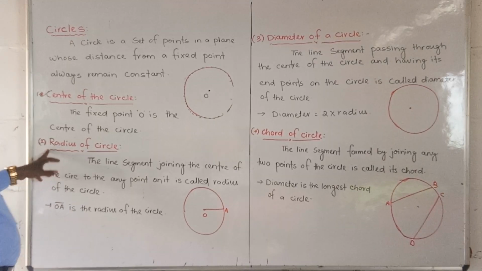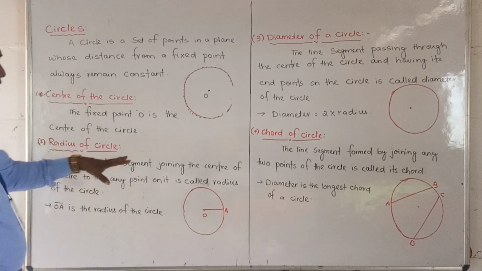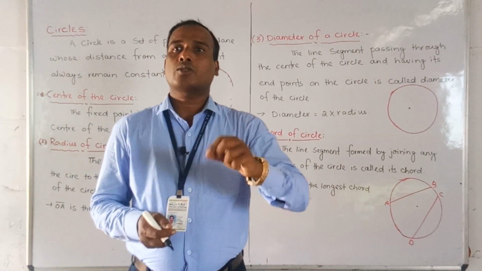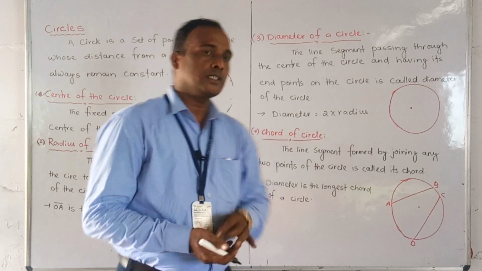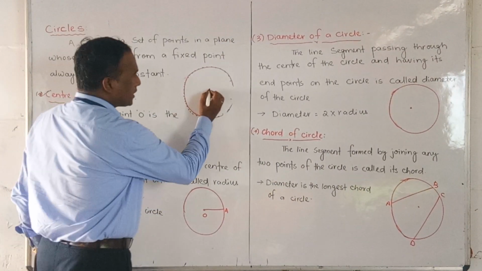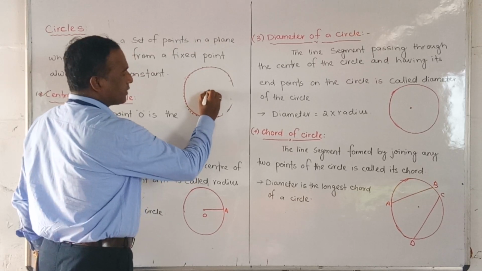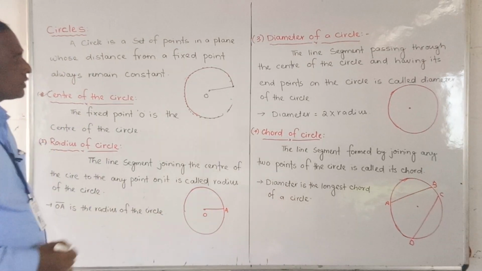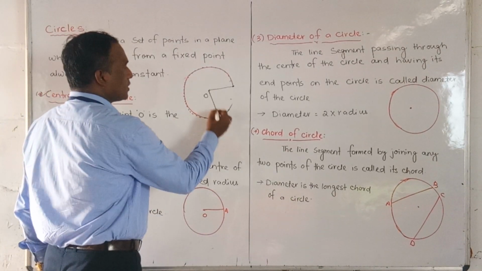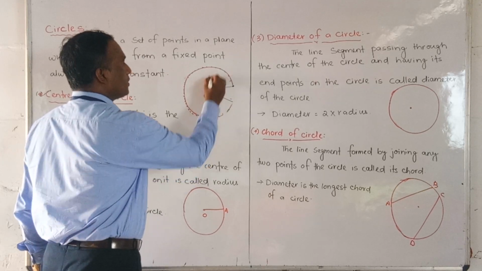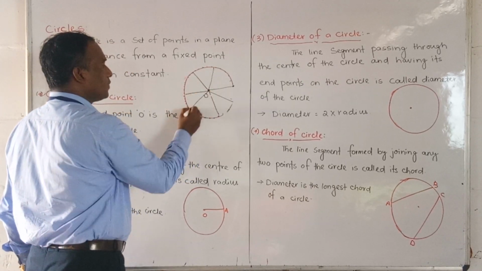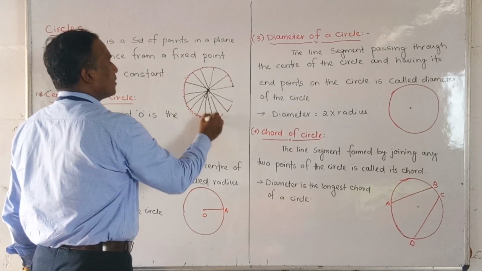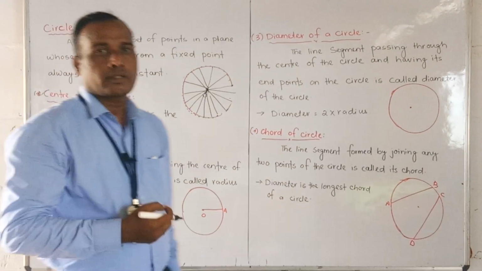Next, the second one is the radius of the circle. What is the radius? Friends, whenever we join a line segment from the center to the circle, that is called a radius. Remember, we can draw infinite radii. If we join this point to this point, the line segment it forms is a radius.